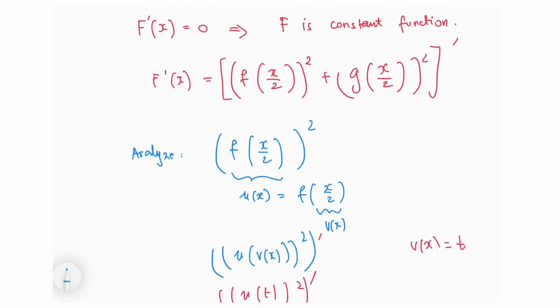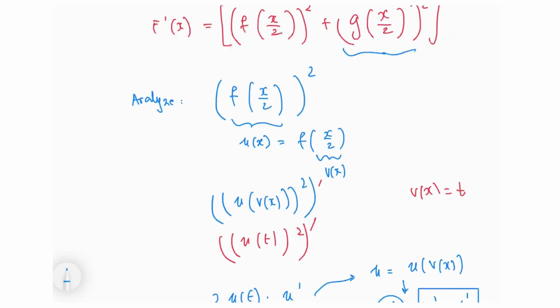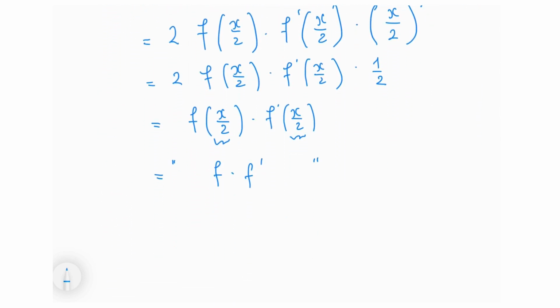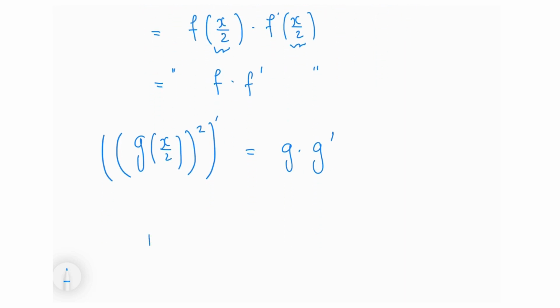As a matter of practice, you can perform all the steps for g of x over 2 and then squared, and you will see that the derivative of this is exactly the same. There is no difference, so we can write g times g prime. Therefore, we can write F prime is f times f prime plus g times g prime.